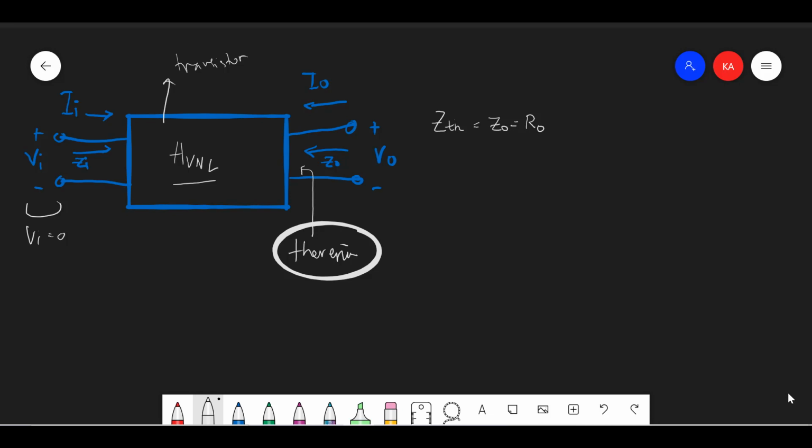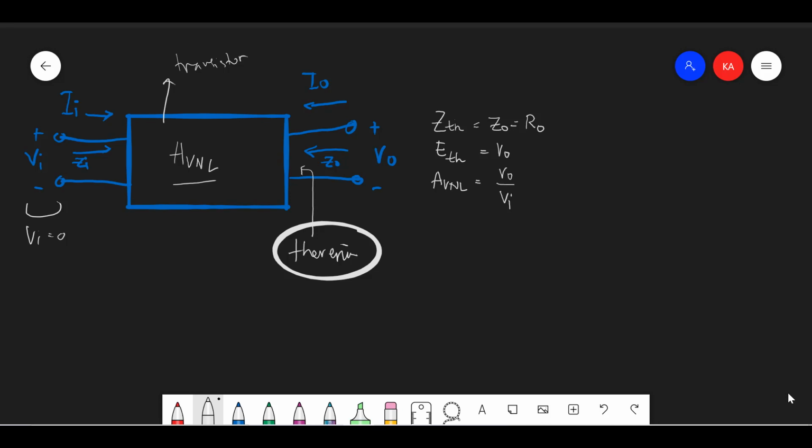And then in the Thevenin look, we can write that E Thevenin is equal to VO. So the output voltage is equal to E Thevenin. And then AVNL, the voltage gain no load, is VO per VI.